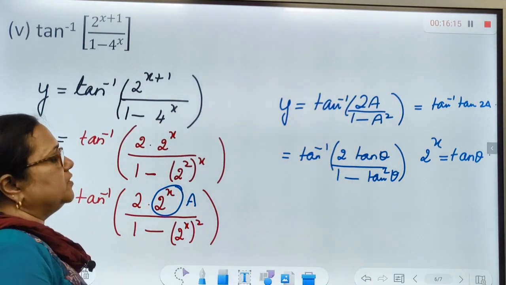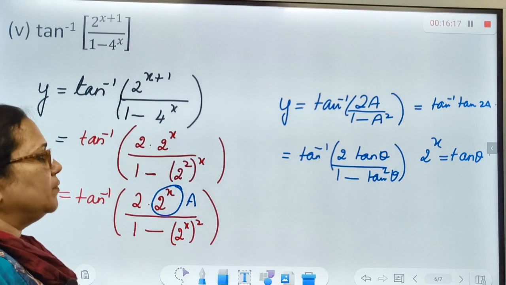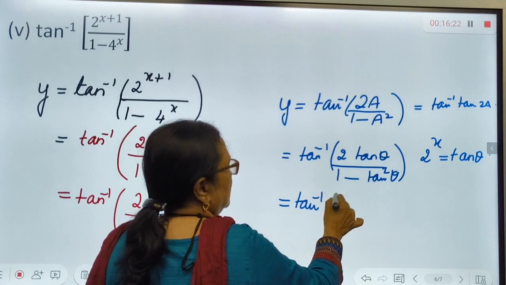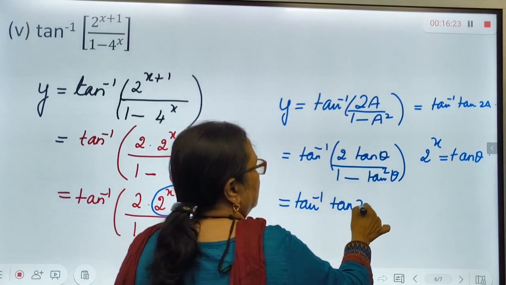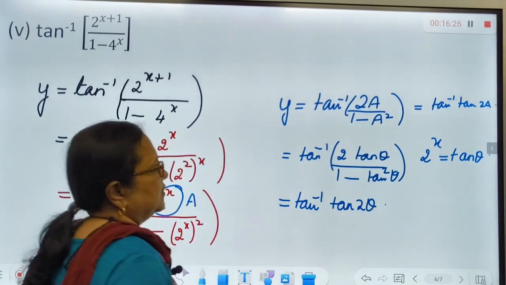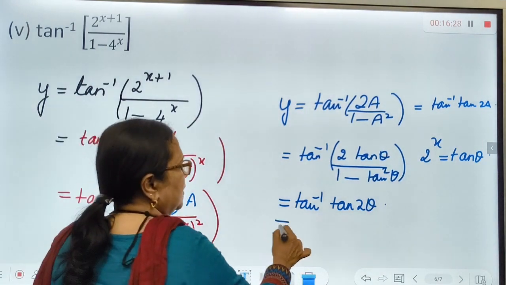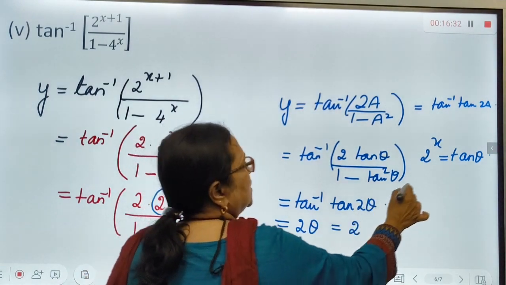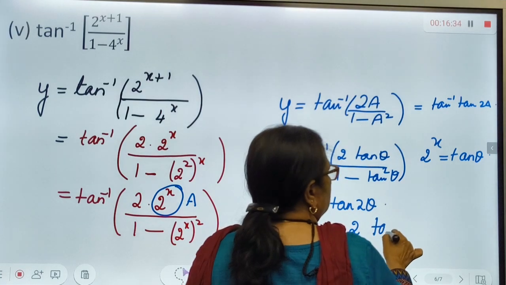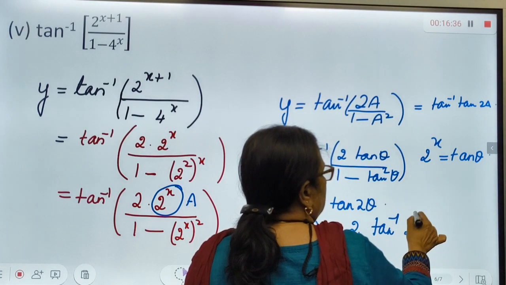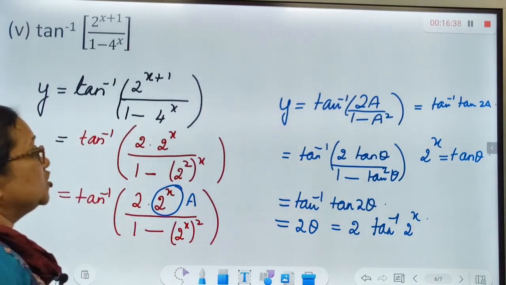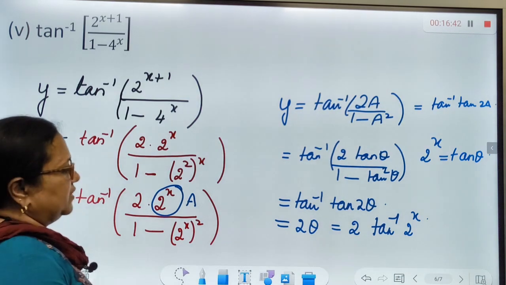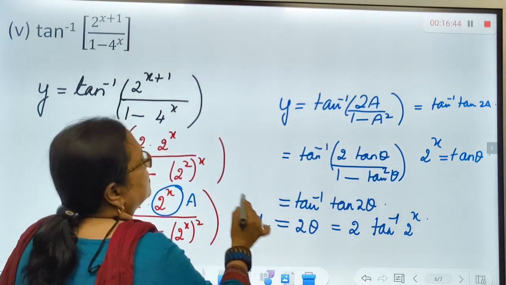So this becomes tan inverse tan 2 theta, which is 2 theta, which is 2 times tan inverse 2 power x. So we have only simplified the function, we have not yet differentiated. So y equal to this.